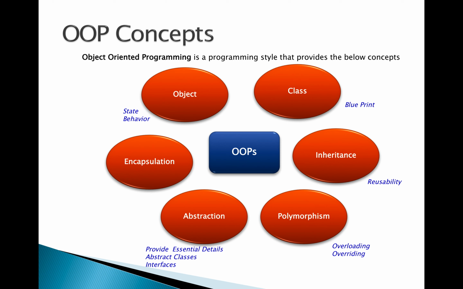I don't need to know about the internals of the car, like how the engine works, or what happens internally when I press the brake pedal. As an end user, I don't need to know about it. That is abstracted from me. All that I need to know is only the essential details. That is what abstraction provides us. Abstraction in Java can be achieved by abstract classes and interfaces.